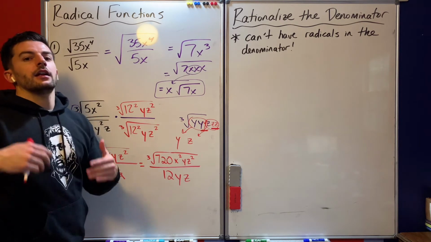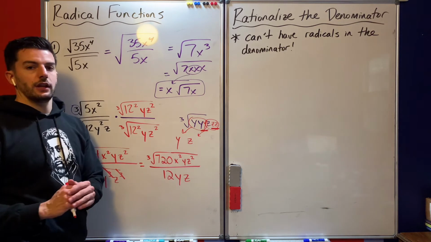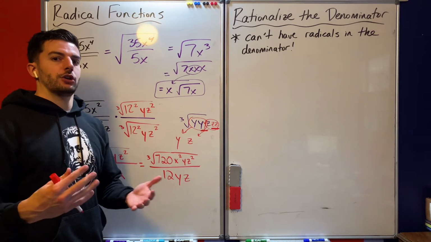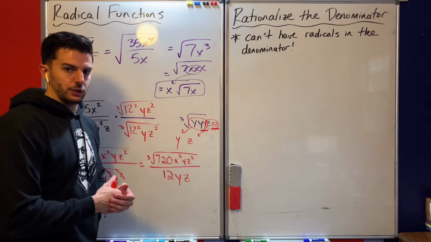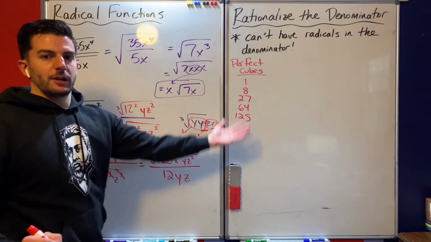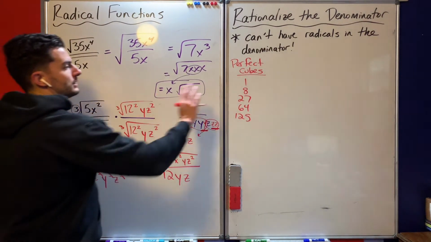Because if I'm simplifying this all the way, I want to reduce that radical, right? And 720 is a number that has perfect cube factors. So thinking about your perfect cubes, these are the first 5, there are lots more, but these are the ones I mainly want to focus on.